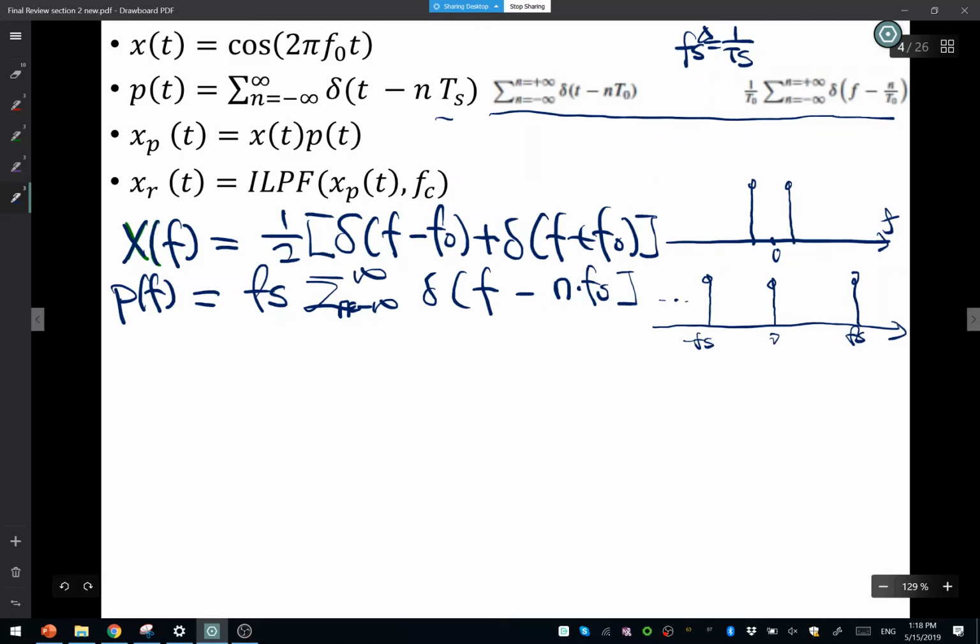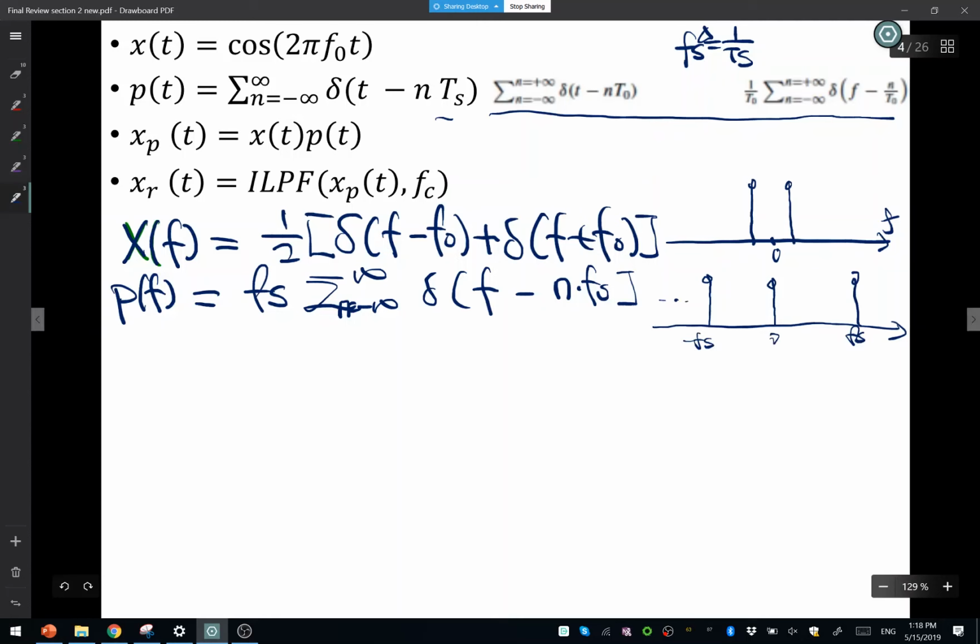In the frequency domain, Xp(f), because the time domain has multiplication, here it becomes convolution. So it is X(f) convolved with P(f). They are all impulse delta functions, and when you convolve with a delta function, you are shifting. So let's see X(f) as a signal, and each spike of P(f) is a shifted delta function.